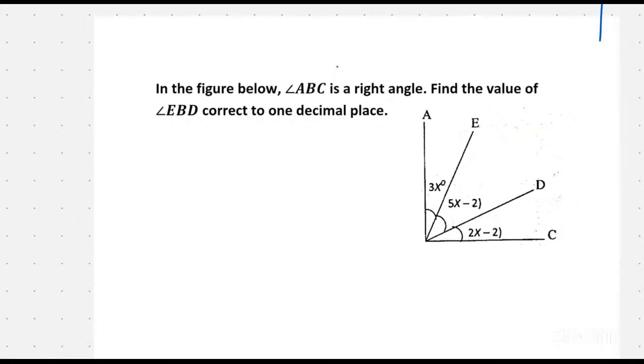Find the value of EBD, correct to one decimal place. Something is missing, it's supposed to have B here. All right, that makes so much sense. ABC is a right angle. That means this entire angle sums up to 90 degrees. So find angle EBD. That's this angle here.